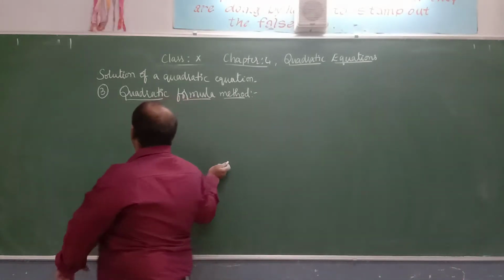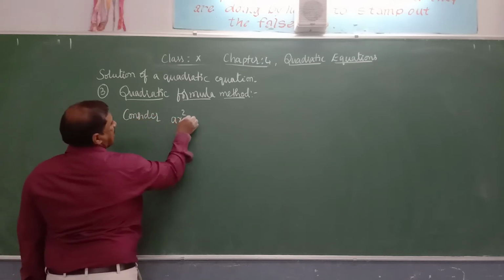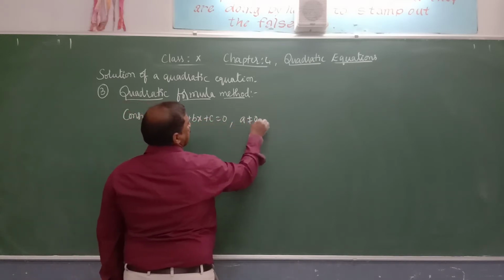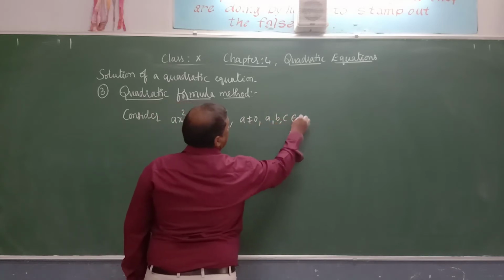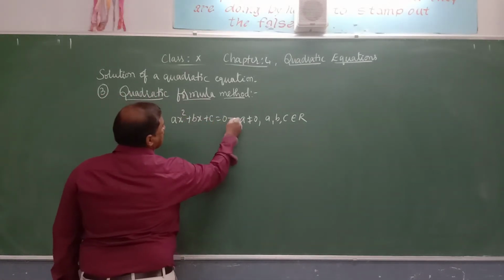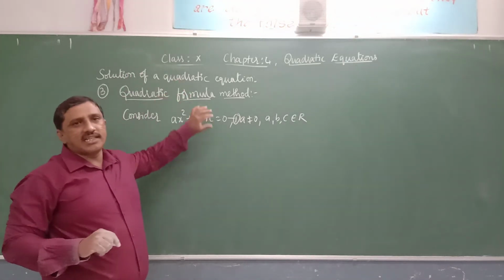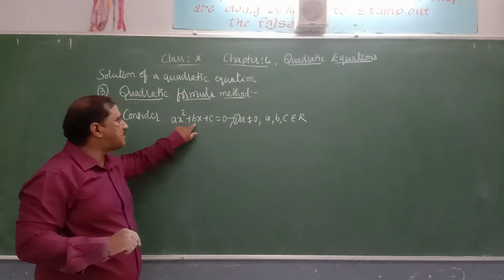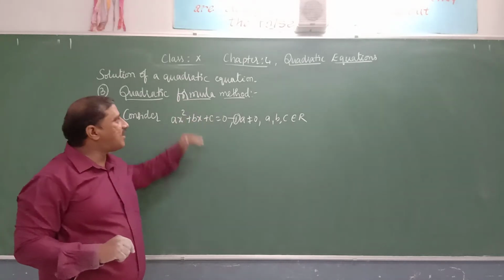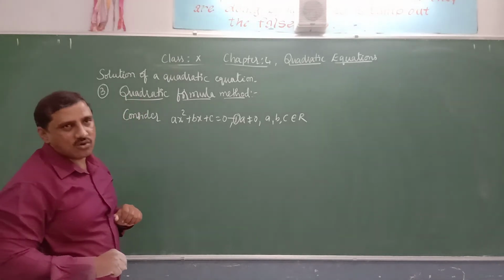For that, consider the general form of a quadratic equation: ax square plus bx plus c is equal to 0, where a is not equal to 0 and a, b, c are real numbers. This is equation 1. We apply the method of completing the square to this equation, and from that we will derive a formula, the quadratic formula, and that method is known as the quadratic formula method.